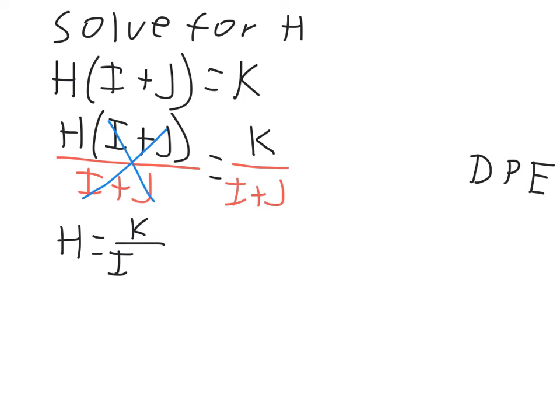It looks like it's such a difficult problem, except you're done now. That's it. You've just got h equals k over i plus j, and you're done. That easy. So it makes it look like it's so difficult, but in all reality, it's actually really easy once you think about it.